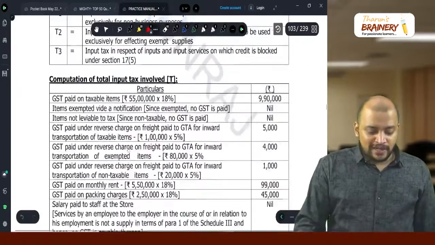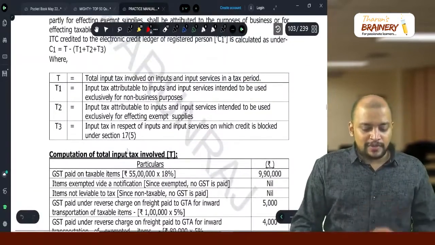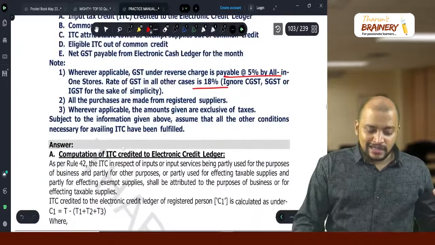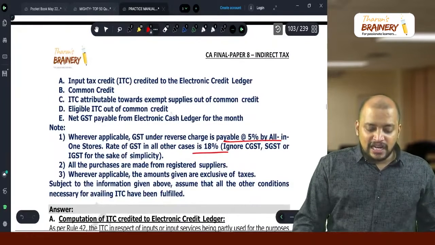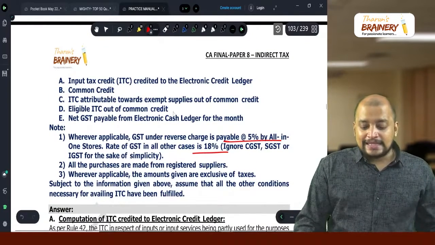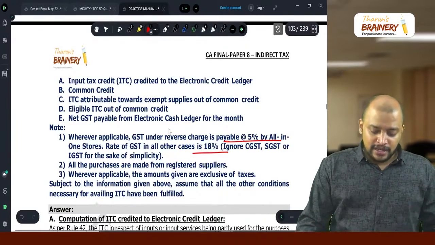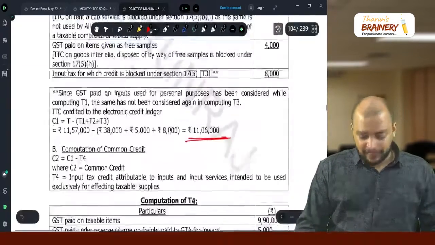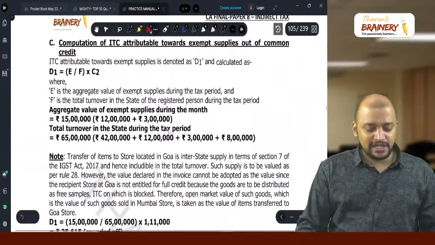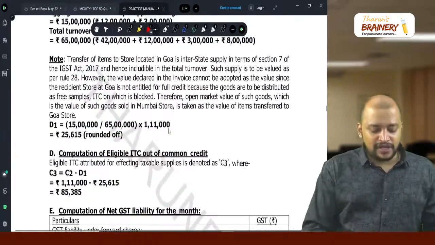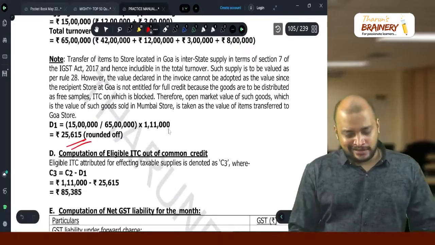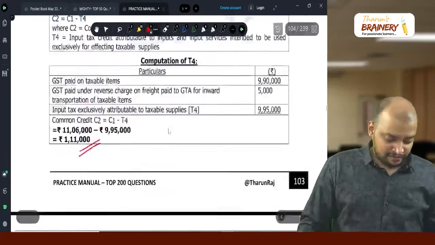Out of this common credit, how much is eligible ITC attributable towards exempted out of common credit? That is 25,615.